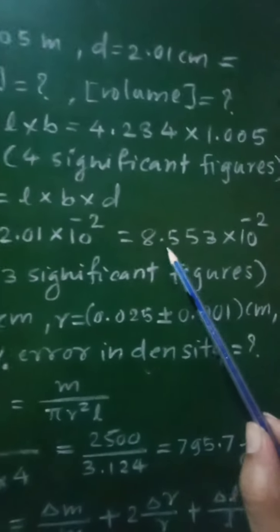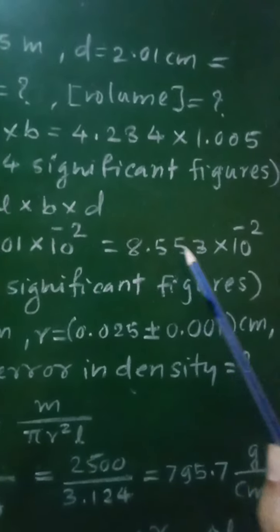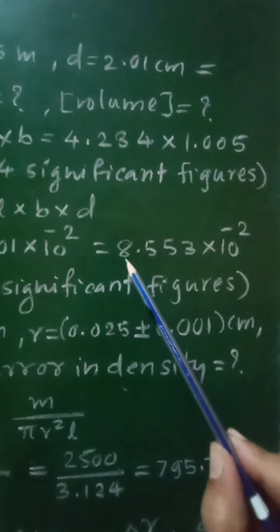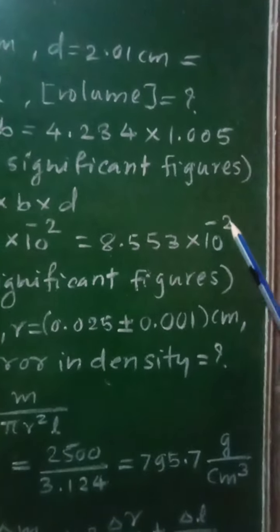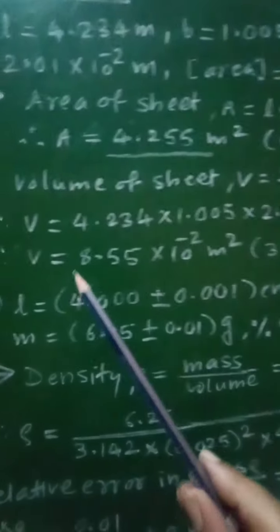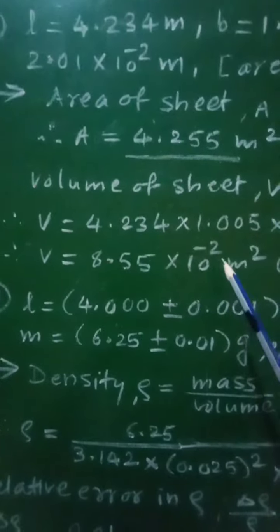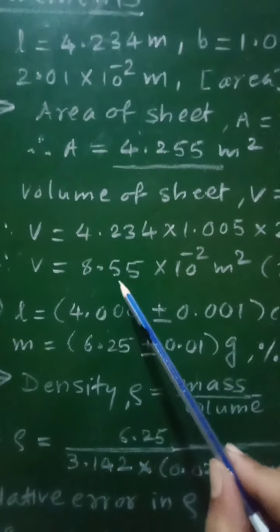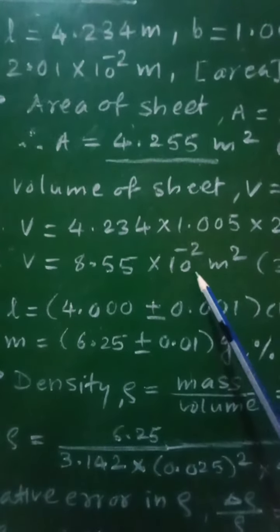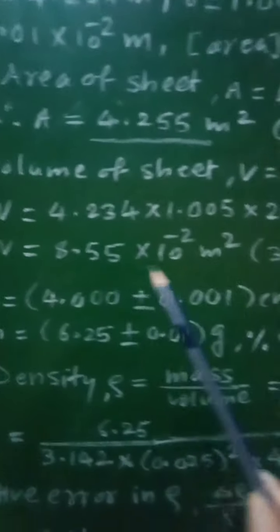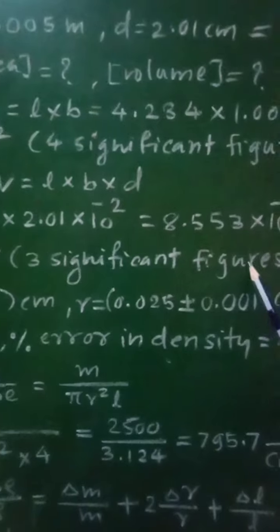Its product comes out to be 8.553 into 10 raised to minus 2 meter cube, which will be written as 8.55 into 10 raised to minus 2 meter cube, and this will be the required volume up to 3 significant figures.